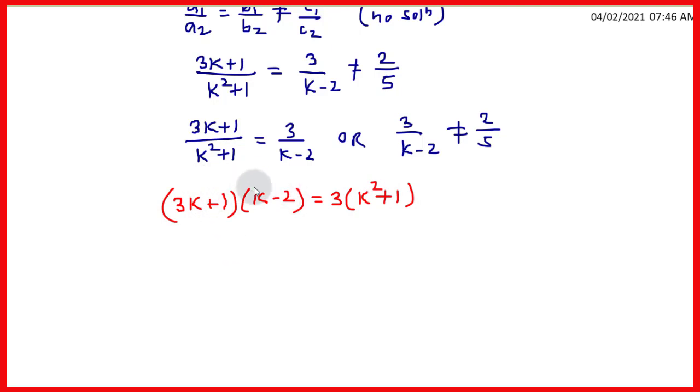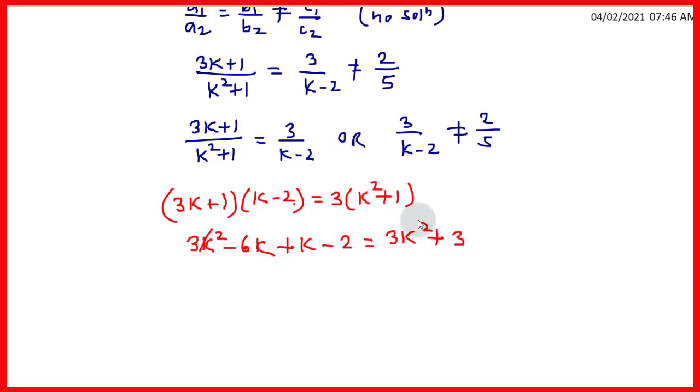Multiply by 3k to both the terms in the other bracket, so it will be 3k into k, that is 3k square, minus 3 2s are 6k, then multiply by 1 to both the terms, so plus k, then minus 2 1s are 2, which is equal to 3k square plus 3.